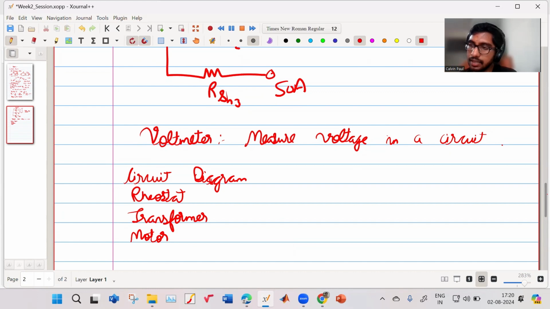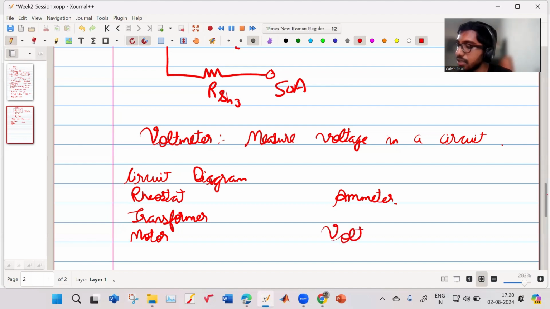When we make the connections, first we assemble everything. We keep the rheostat, bring the transformers, get the wires, cut and clip them, and remove the insulation so that we can make connections. Then you must connect your ammeter also. And the last equipment which you will connect is your voltmeter.